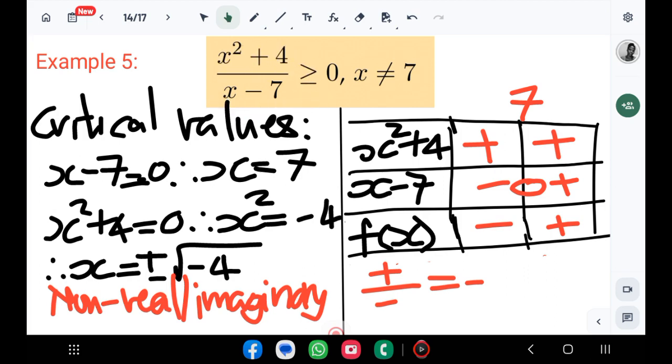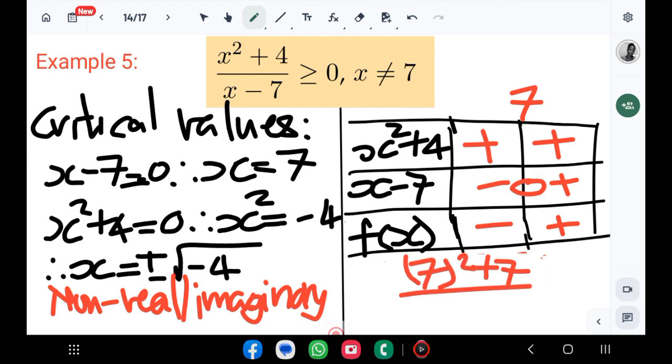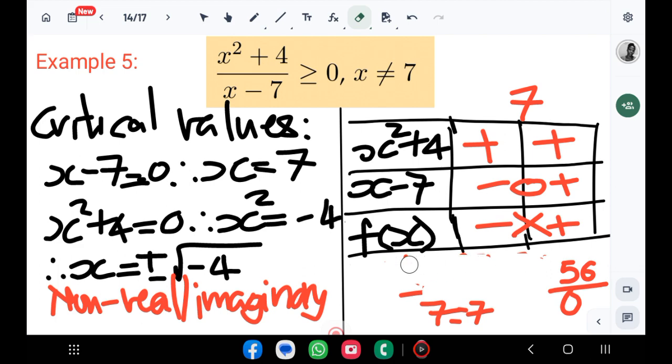When x equals 7, we have 7 squared plus 7 all over 7 minus 7. That is 49 plus 7, which is 56, over 0, and that makes the whole thing undefined, so we have a cross there instead of 0. So it's undefined there. Now the question is, when is f of x greater than or equal to 0?